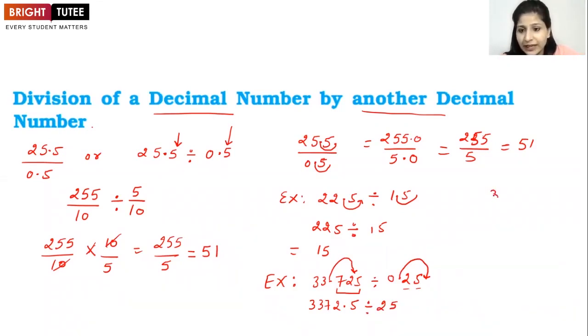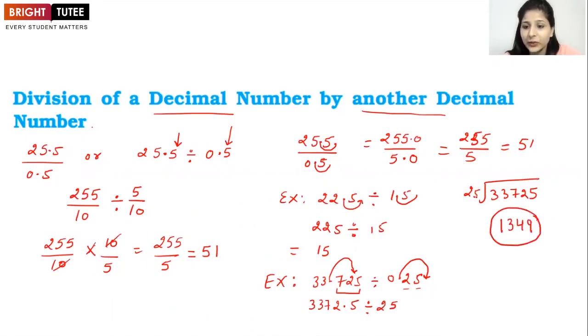So you have to divide 3372. Now remove this decimal and place 5 here. Consider this as a whole number and divide it with 25. On dividing, you will see that the answer is 1349. So this will be our quotient when you divide this number 33,725 with 25.